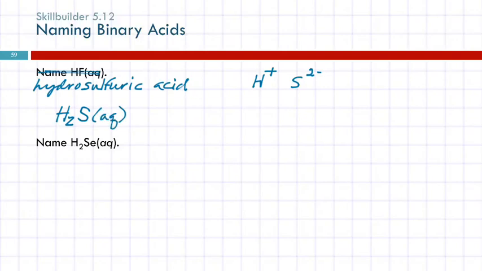You'll often see this AQ, because technically if it's dissolved in water, it's named as an acid. If it's not dissolved in water, then it's named as a molecular compound. And we're not going to go there. We're just going to name these as acids. How would we name this one, H2Se? Hydro.